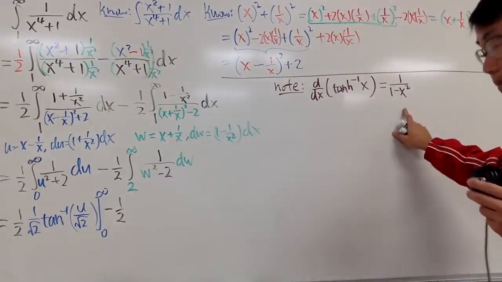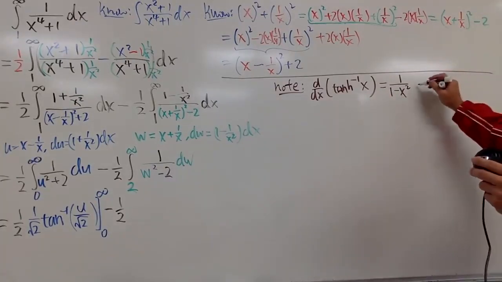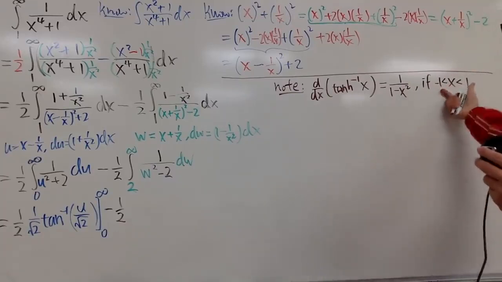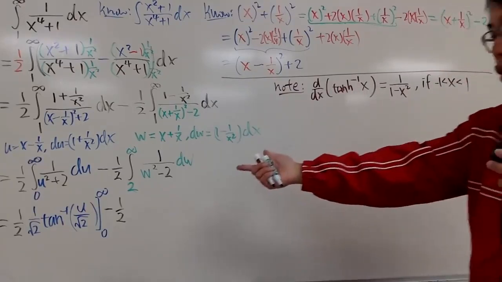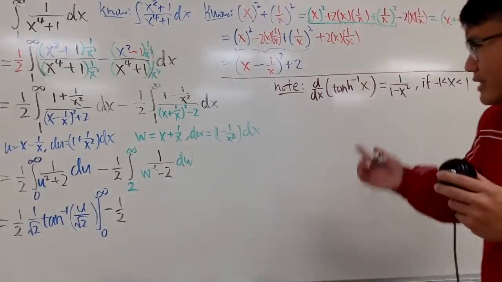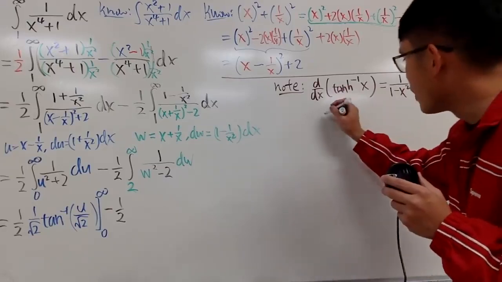This right here, you have to do it carefully. It's only good if x is in between -1 and 1. Why? Because this is the domain of the inverse hyperbolic tangent x. So at the moment, I technically cannot do that. So does that mean I really have to do partial fractions? No, neither, because we have another one.